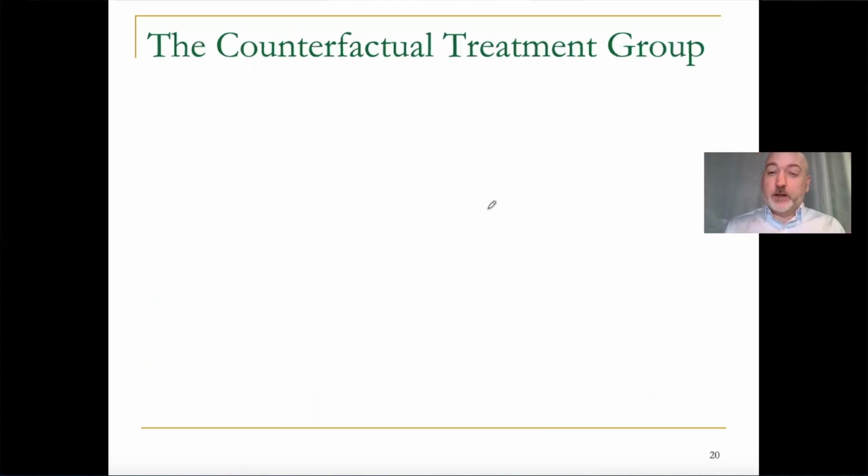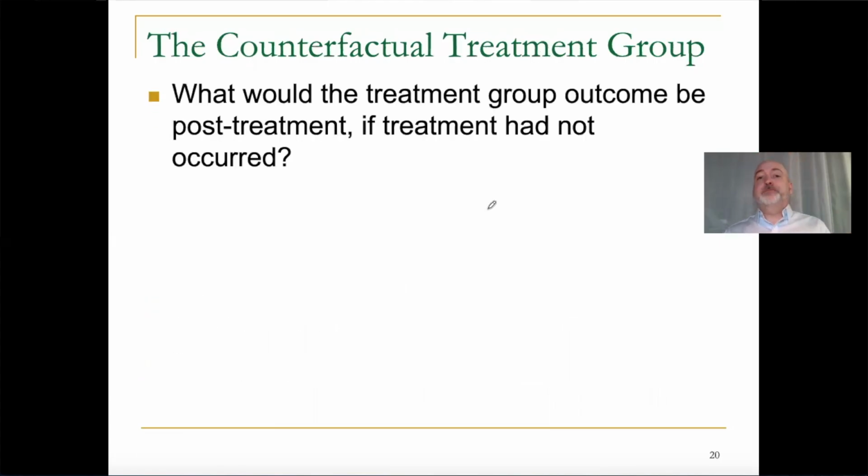Okay, so another very important ingredient here, to both the visual aspect of what we're going to estimate as well as the OLS calculation, is going to be this idea of a counterfactual treatment group outcome. And the whole idea here is to answer the question, right? What is the difference between outcomes in the treatment group with treatment versus without treatment?